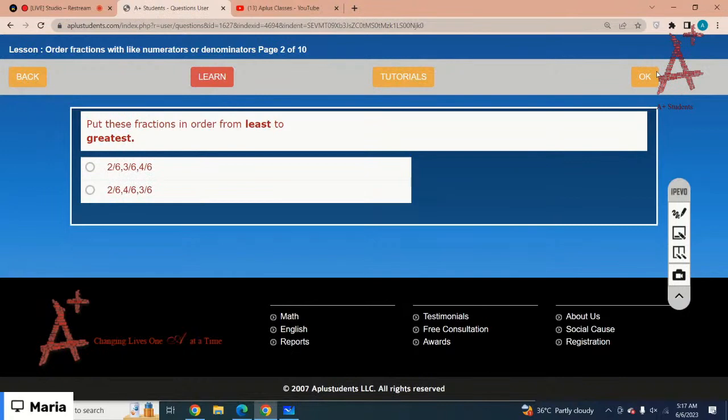Okay, put these fractions from least to greatest. So which is the correct option, 1 or 2?